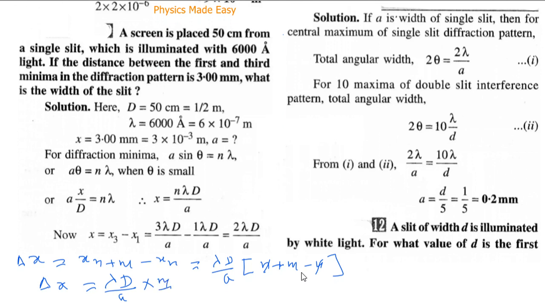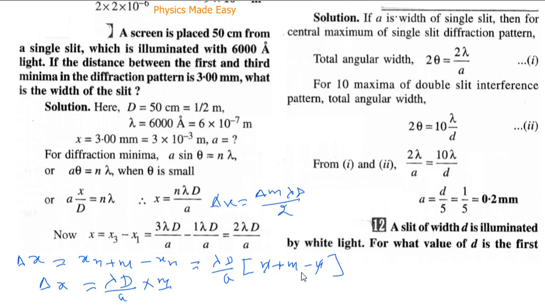m is the difference between the minima. m is equal to 2 in this case. So actually he has solved this problem using this formula. I can even write this as delta m. Delta m is the difference between the order of the two minimas.